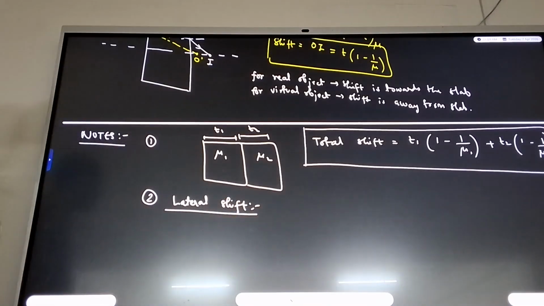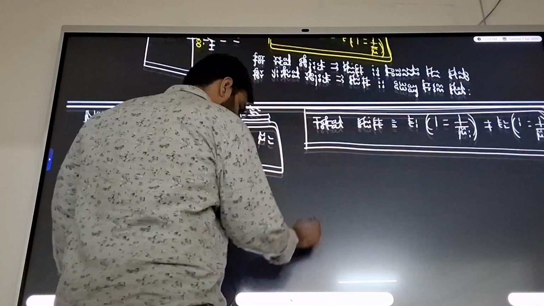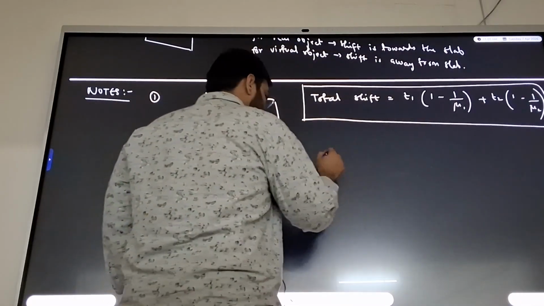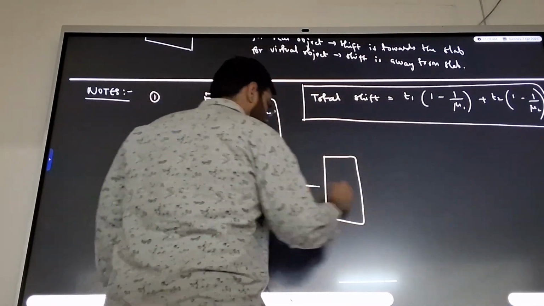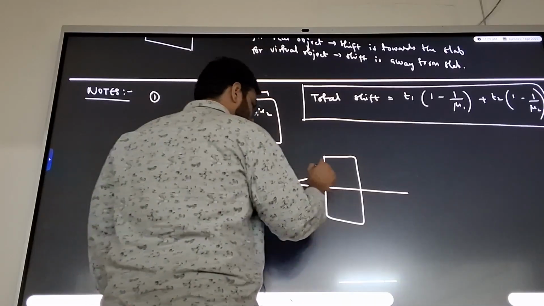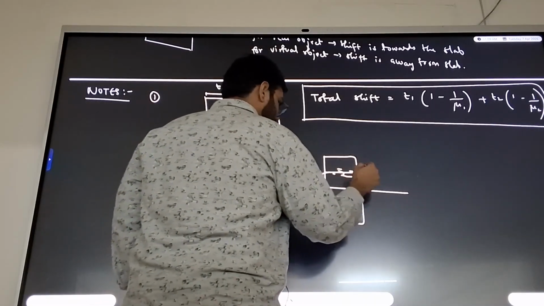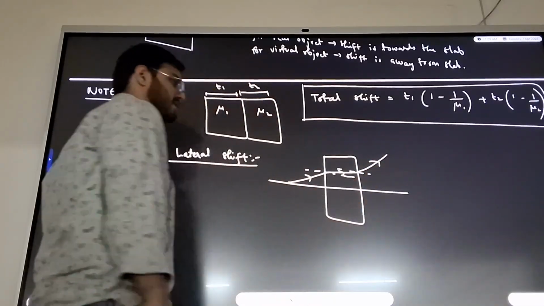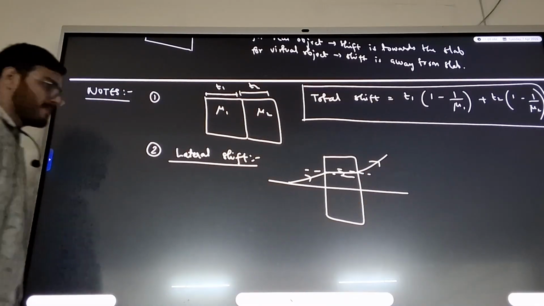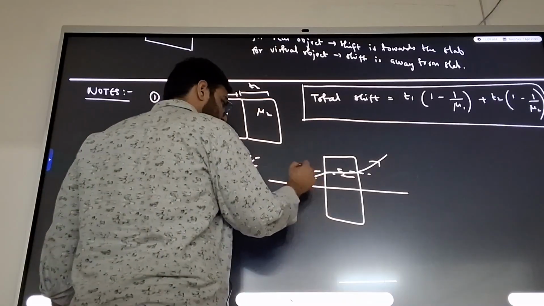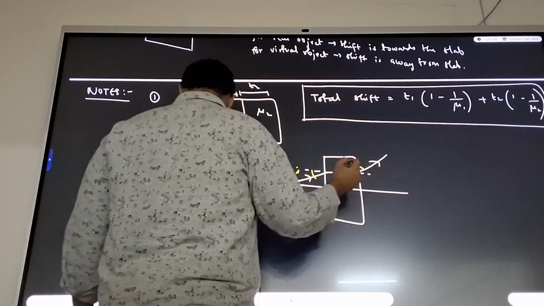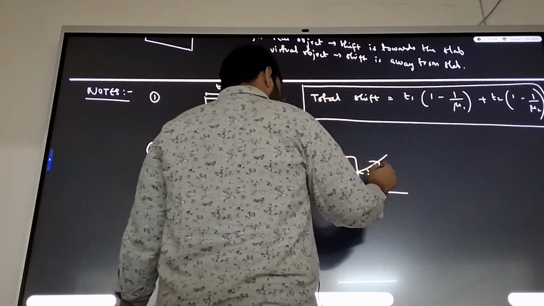What is the lateral shift, by the way? Let's say you have a glass slab here. Your rays are coming like this. They bend toward the normal, then come out like this. The angles are the same.